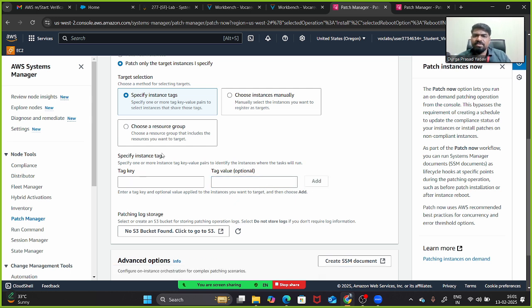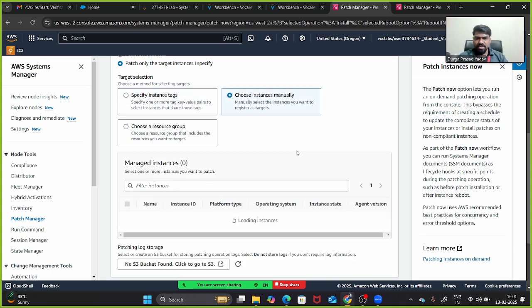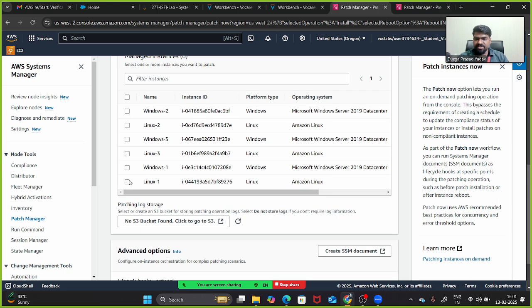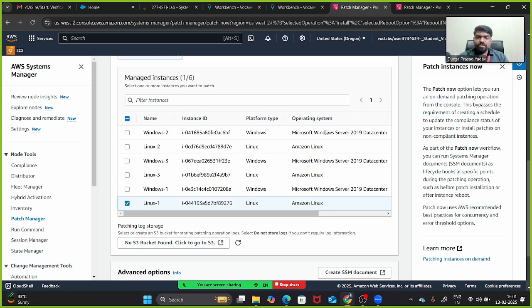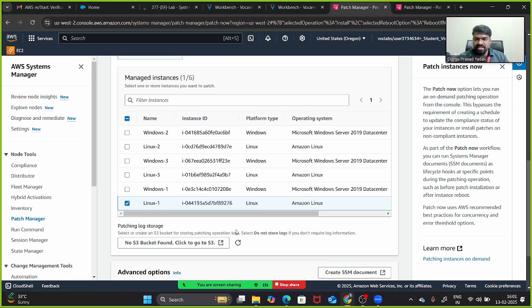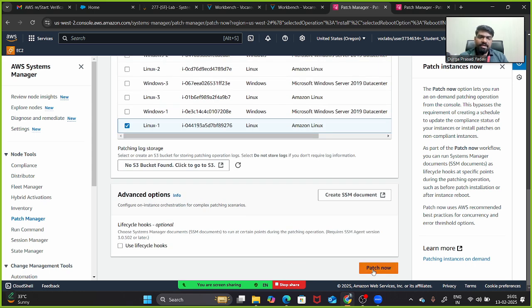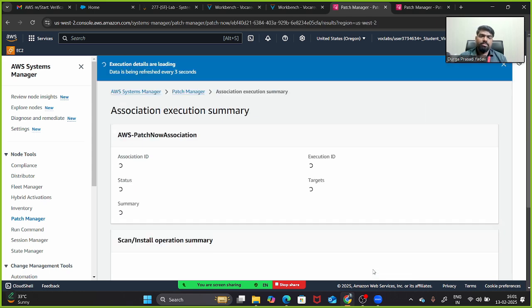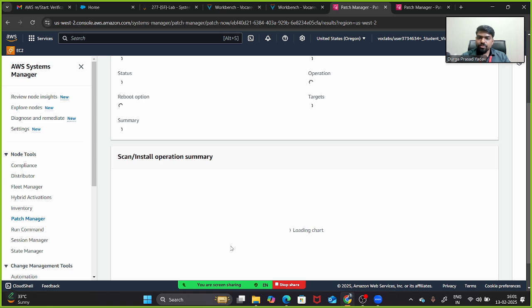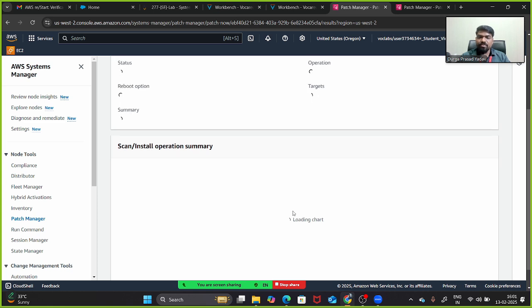Or let's choose manually, we will select once, it will come up. So let's say we will be selecting one machine of Linux 1. Now we are going to apply this patch to this one instance of Linux only, and we will click on patch now. Here it will scan and it will install.